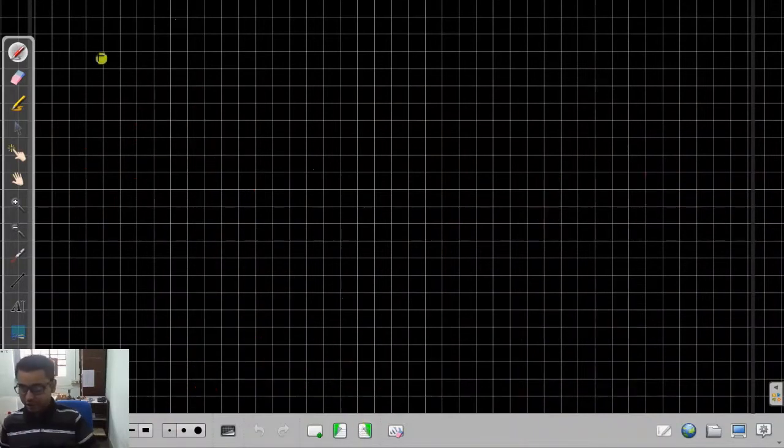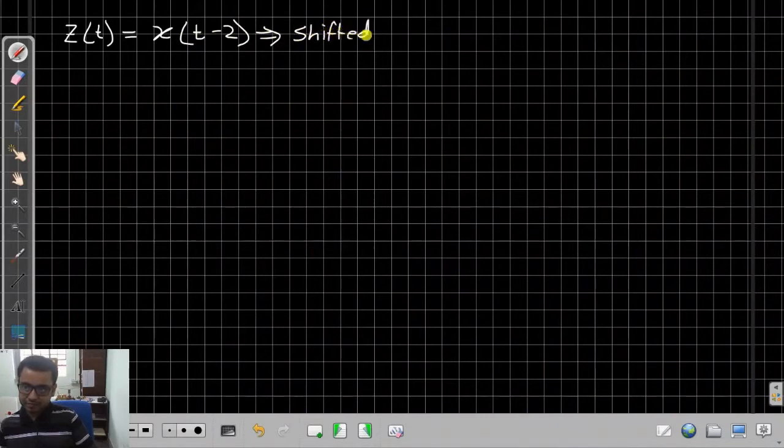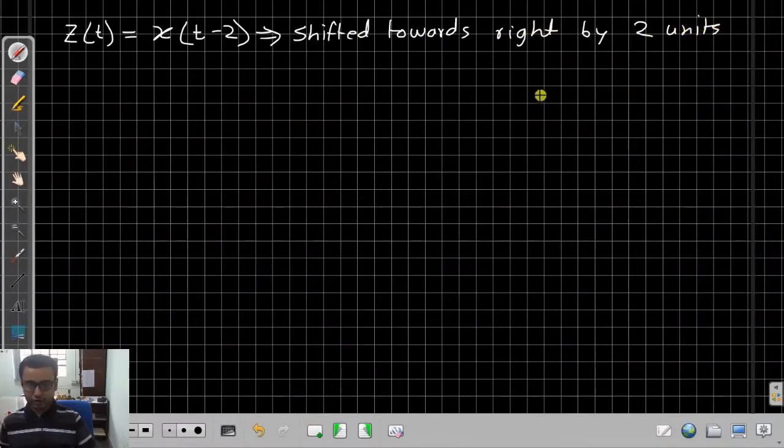Similarly, you should verify this yourself, that if I define another function, say z(t) equals x of t minus 2, that will be shifted towards right by 2 units of time.